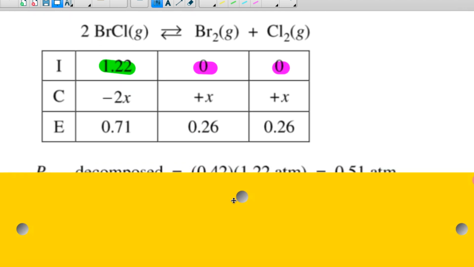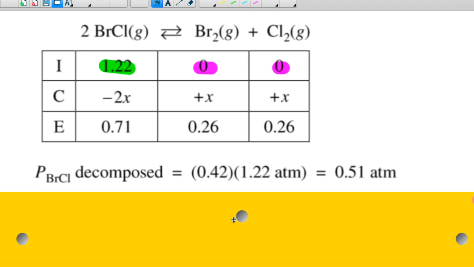The problem tells you that 42% of the original pressure decomposed. In other words, it's telling you how much it decomposes. The minus 2x is 42% of whatever you started with. So what is 42% of 1.22 atmospheres? 0.51 atmospheres.